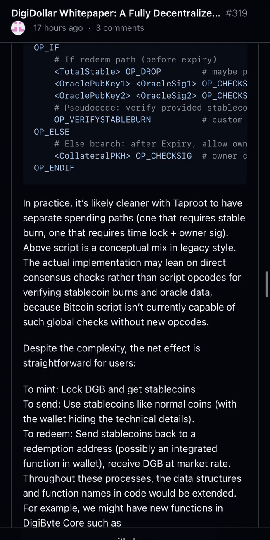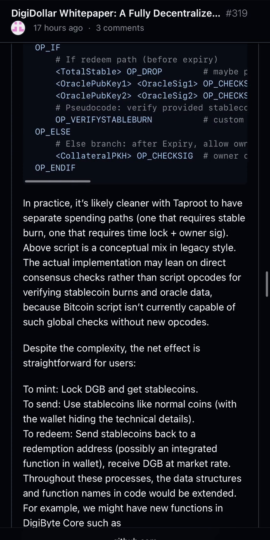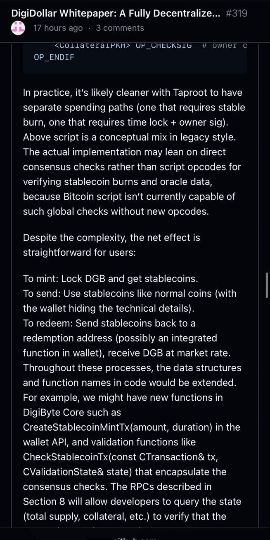In practice, it's likely cleaner with Taproot to have separate spending paths, one that requires stable burn, one that requires time lock plus owner sig. The above script is a conceptual mix in legacy style. The actual implementation may lean on direct consensus checks rather than script opcodes for verifying stablecoin burns and oracle data, because Bitcoin script isn't currently capable of such global checks without new opcodes.